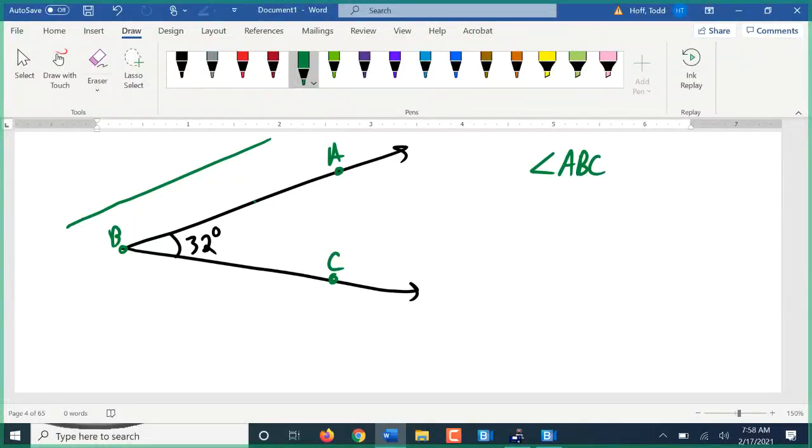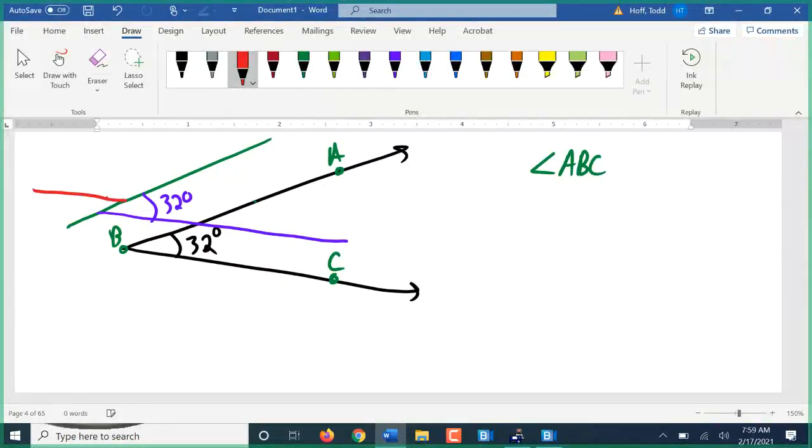If I draw the other side of that angle parallel to side BC, what do I know about the resulting angle? What's going to be the size of the resulting angle? Draw it right here. This angle has to be how big? What if I drew it right here?